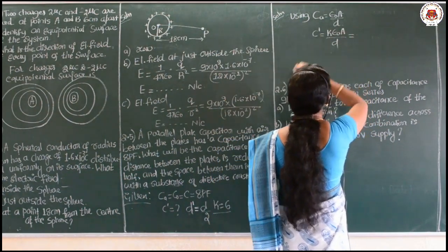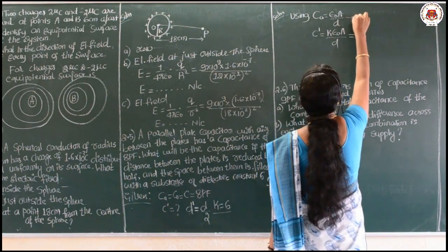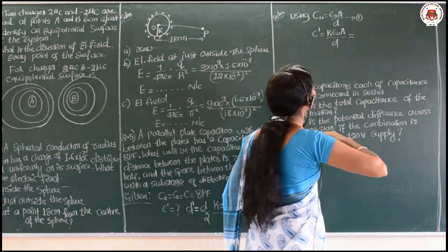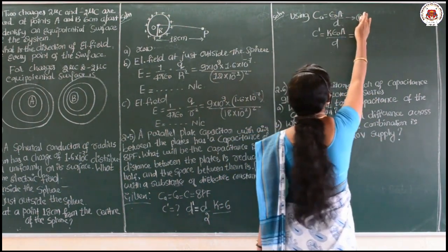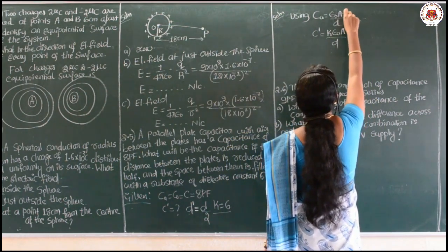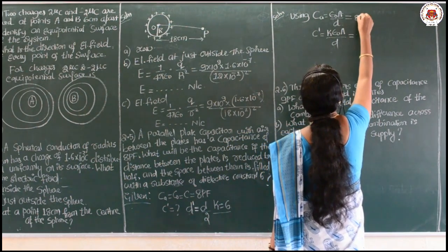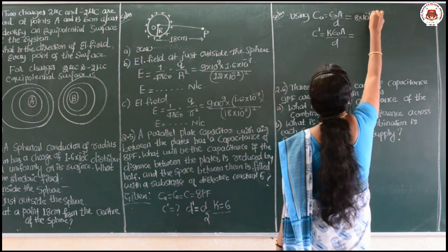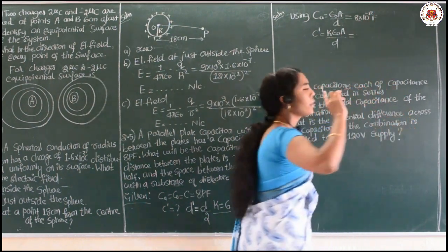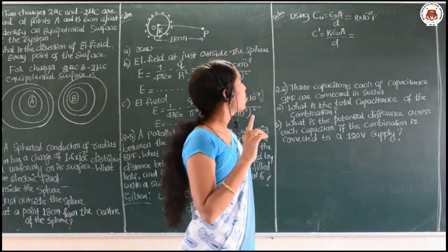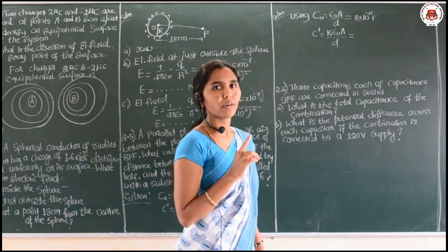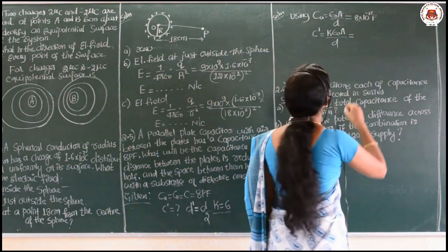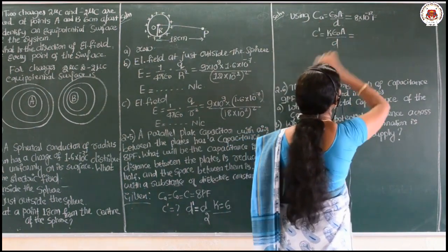If you call this equation number 1, then this is nothing but, they already mentioned, it is 8 picofarad. 1 picofarad, remember children, is equal to 10 raised to minus 12 farad, right. So, this value they have already given.